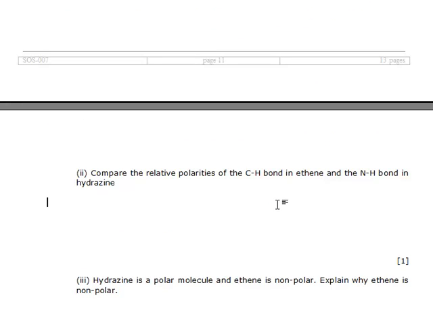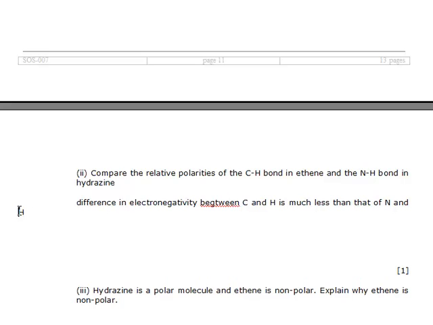Compare the relative polarities of the CH bond in ethene and the NH bond in hydrazine. Well, the relative polarities are given by the difference in electronegativity. So the difference in electronegativity between C and H is much less than that of N and H. And we've got electronegativities in the data booklet if we want to look at them.